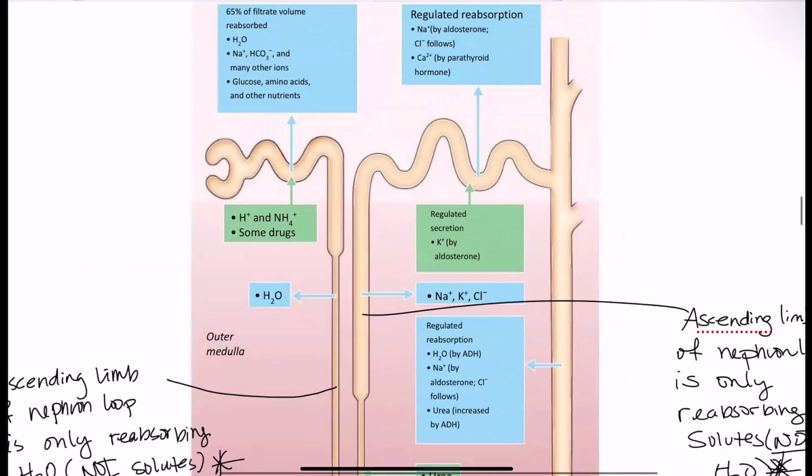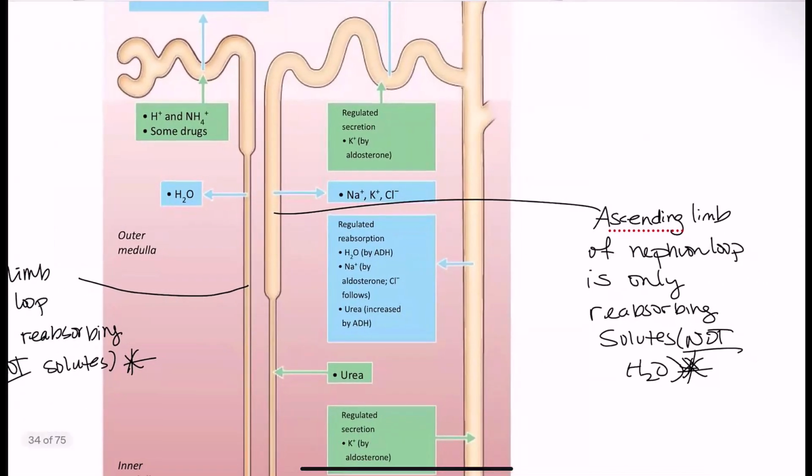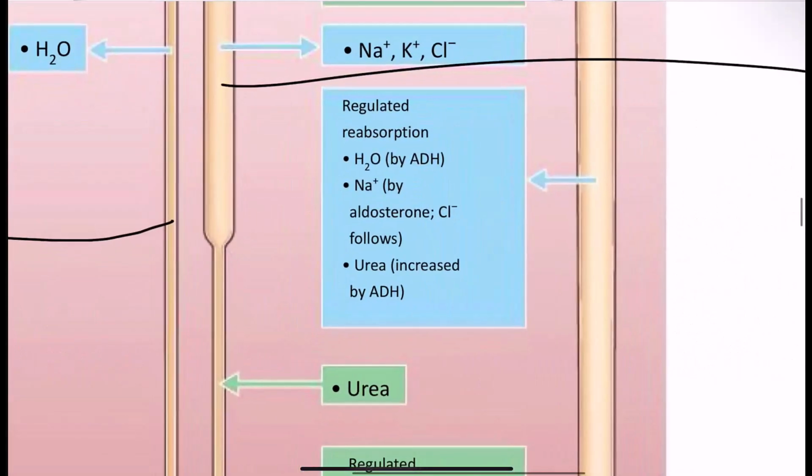Okay, lastly is the collecting duct. The collecting duct is really important for fine-tuning the contents of that urine. So there's some regulated reabsorption here. So under the influence of hormones, like the hormone anti-diuretic hormone, that one's from the posterior pituitary.